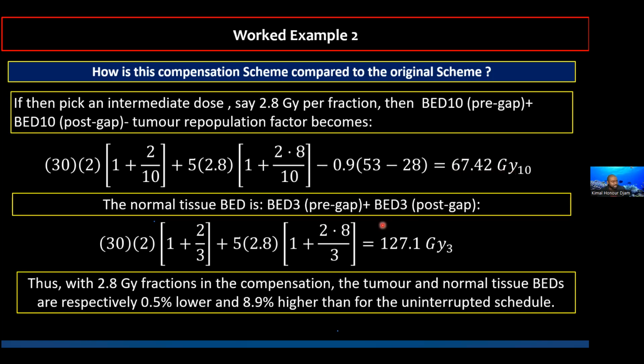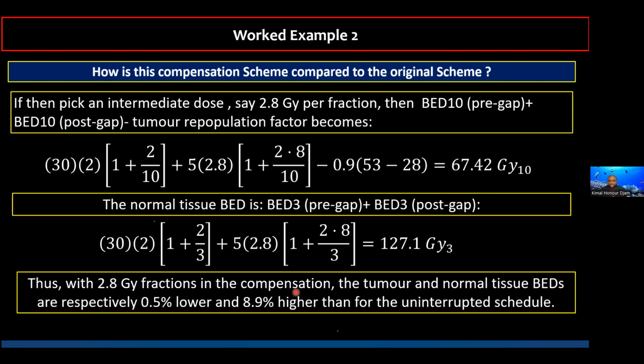What does this imply? If we use this to calculate our normal tissue BED, we have about 127.1 gray. And so with about 2.8 gray fractions in the compensation, the tumor and the normal tissue BED are respectively 0.5% lower and 8.9% higher than the unexpected schedule.